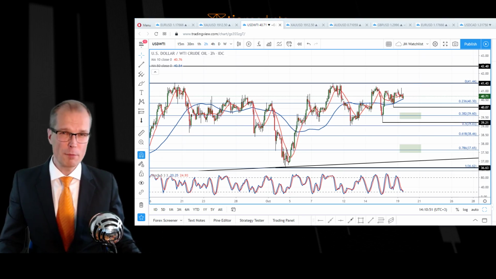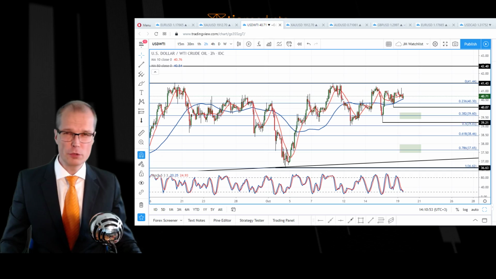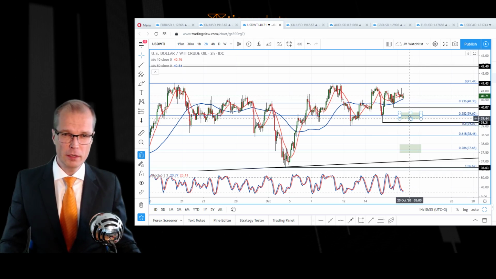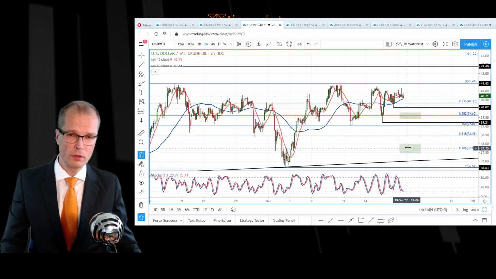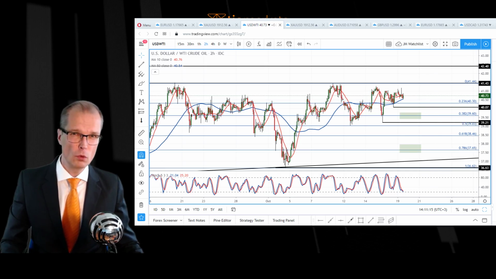Okay, just to recap once more, if the weakness continues, I think the target 1 area is here, 39.40 to 39.80, and should the 39.21 be taken out, the target 2 would be 37.50 to 38. So this is what I'm seeing at the moment.